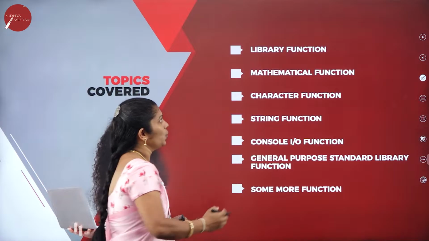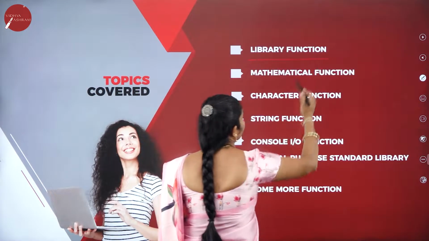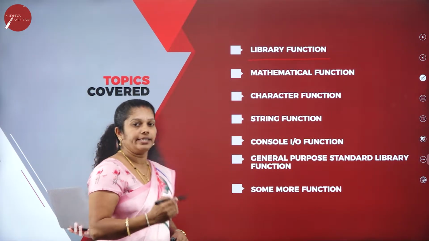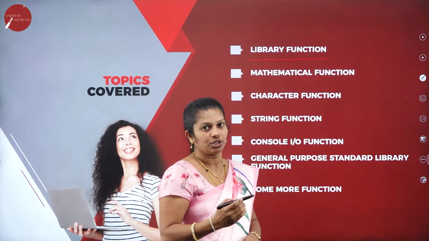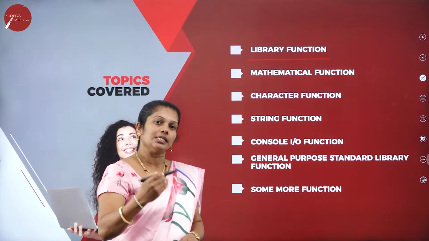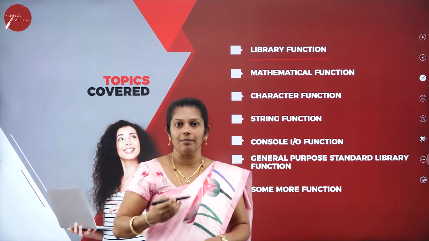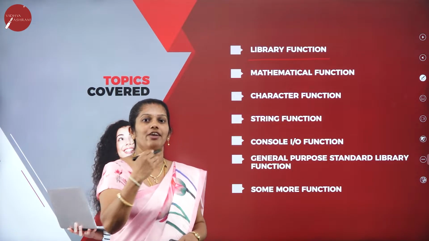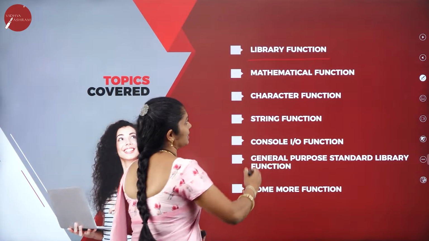In today's session you will come to know about library functions. In functions, I told you about user-defined functions as well as library functions. A user-defined function is designed by the user, whereas a library function is already designed and we use its functionality.